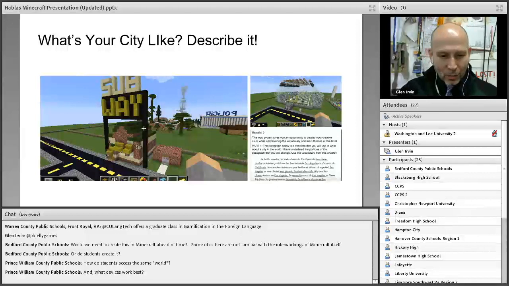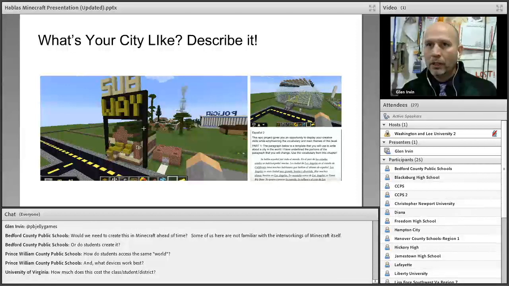I'm going to go ahead and answer some questions here. How do students access the same world? That's the awesome part about Minecraft, especially Minecraft Education Edition. A teacher turns on a server, and then any students within their school that have the same domain name, basically the same email, can enter with their accounts into the same world and work together.